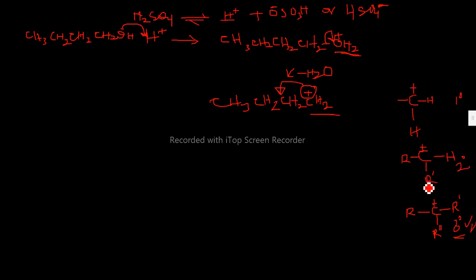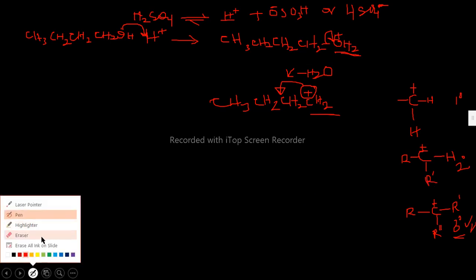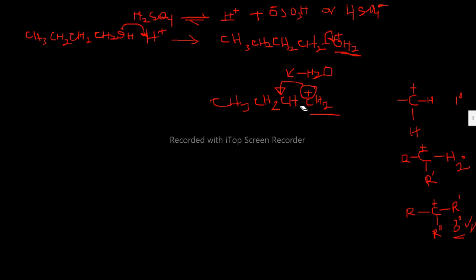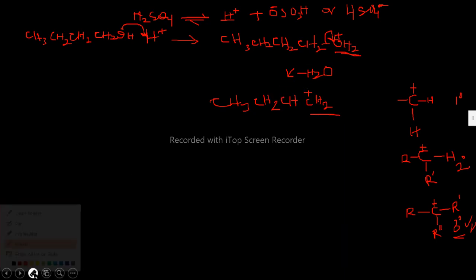So how are we going to transfer the charge? By hydride shift. Now somebody may be asking, but sir, what is a hydride shift? It is what we are going to do, so have no worries.